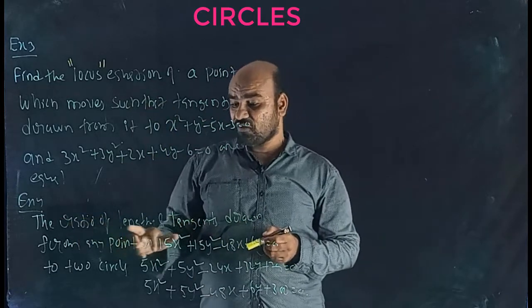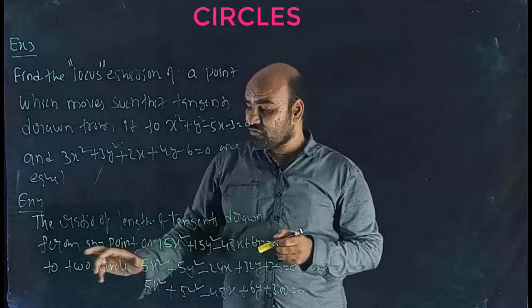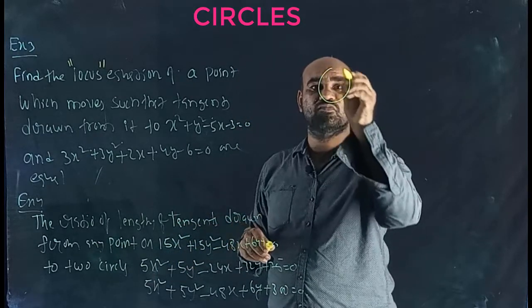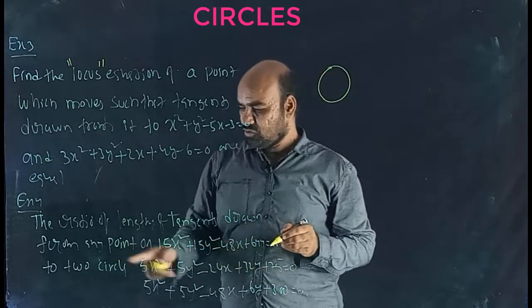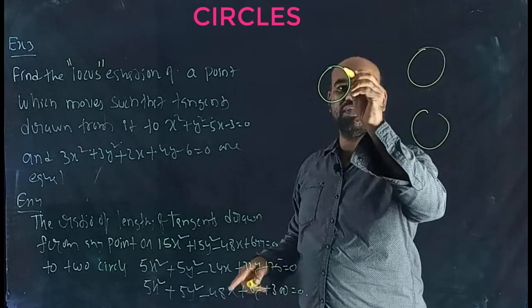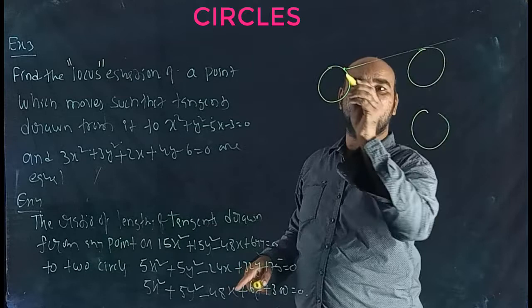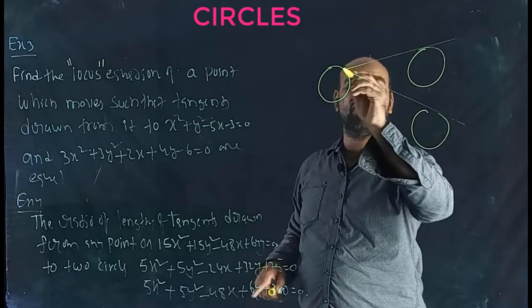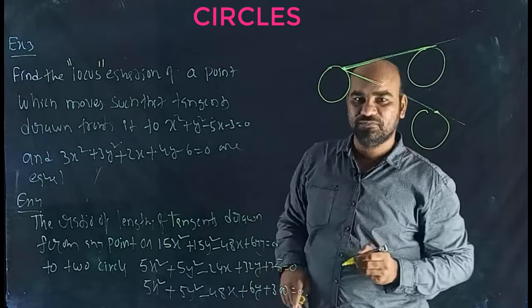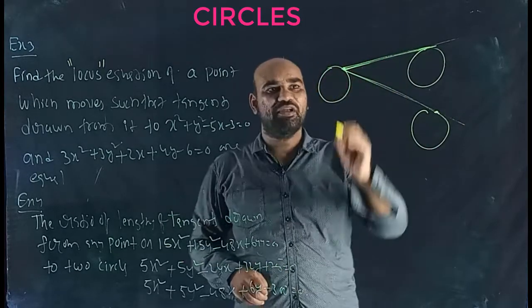Next question, this problem you can do. The ratio of lengths of tangents drawn from a point on a circle. One circle is given here. Two more circles are given. So take any point on this, draw tangent to the first circle as well as the second circle. We want to find the ratio of their lengths, this length divided by this length. Important thing is any point you can take from this circle.